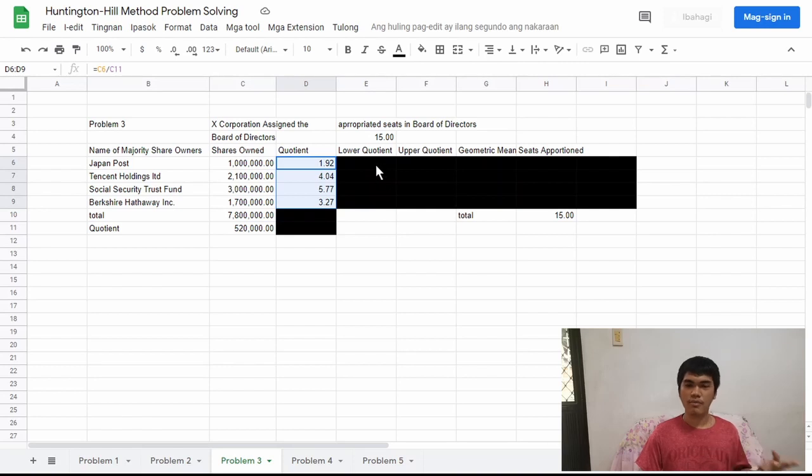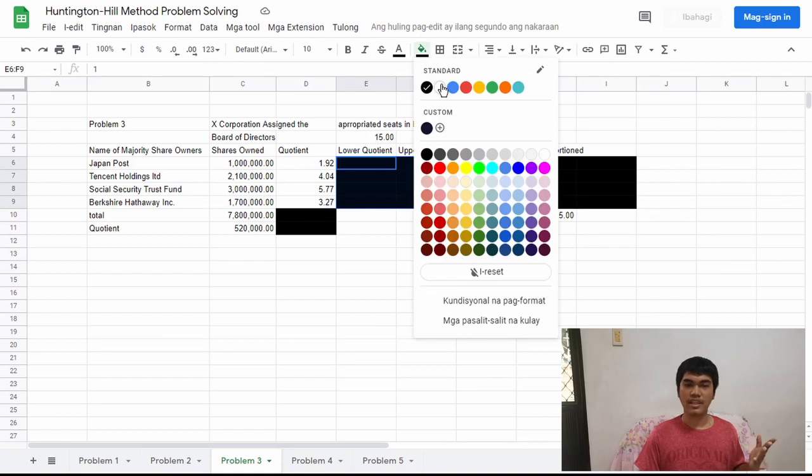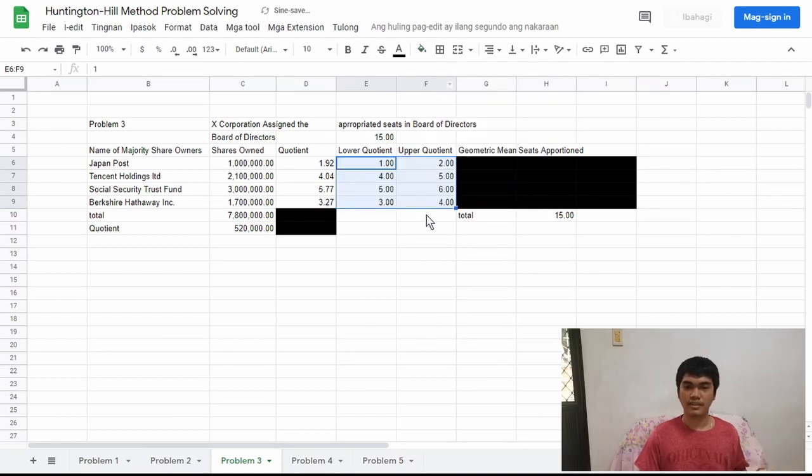So same old process. In the quotient part, the lower quotient and the upper quotient, the rounding up and down. So that will be the result of that.